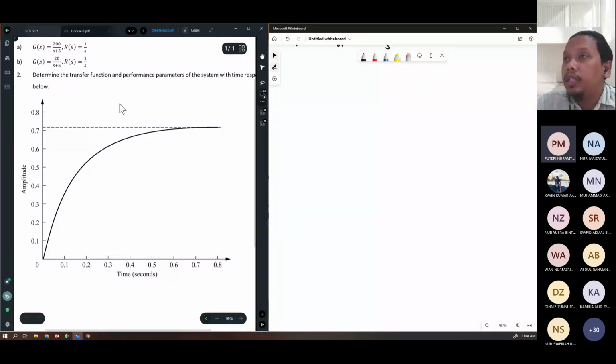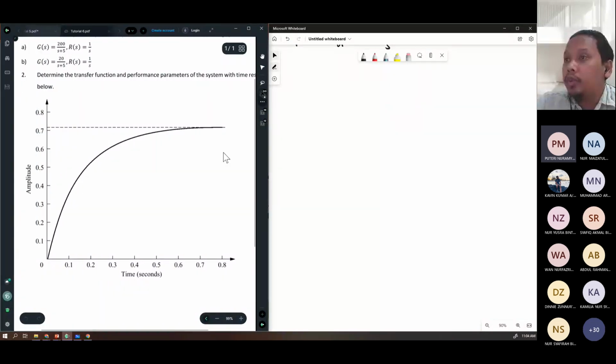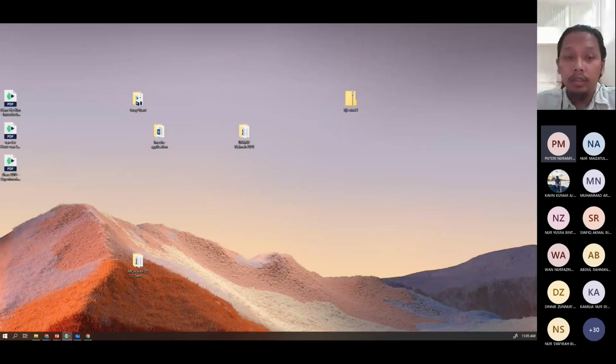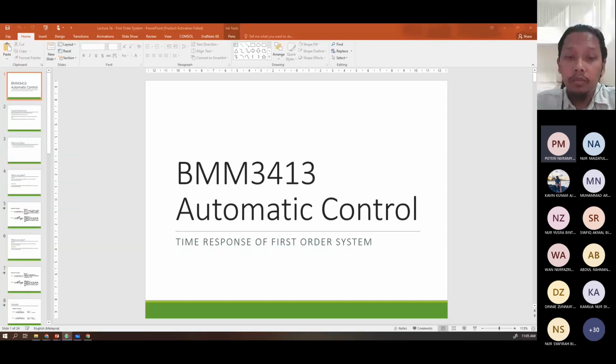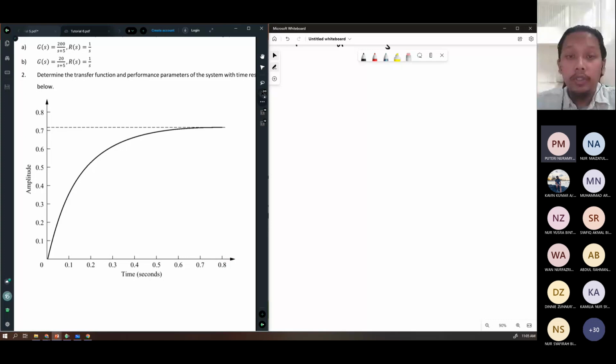So now let's look at question number 2. Determine the transfer function and performance parameters of the system with the time response below. Here we have only the graph, without any other information. So when you have a graph, you have to remember the definitions of the parameters.